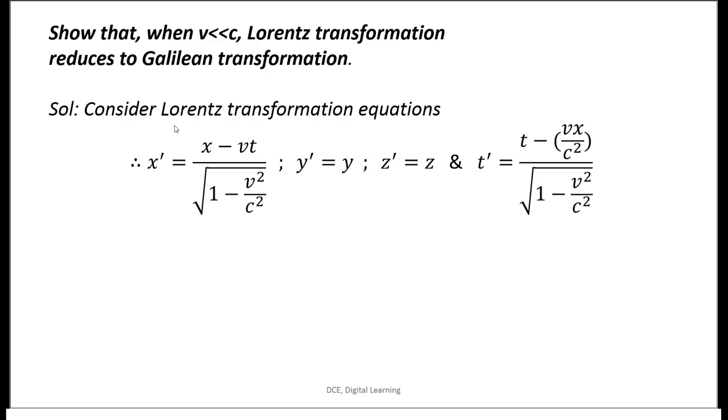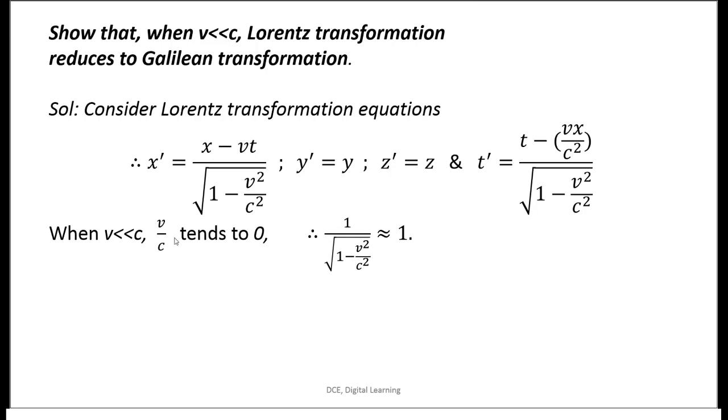Considering these equations, let us take the condition when v is very much smaller than c. The ratio v by c tends to 0 as c increases and v reduces.